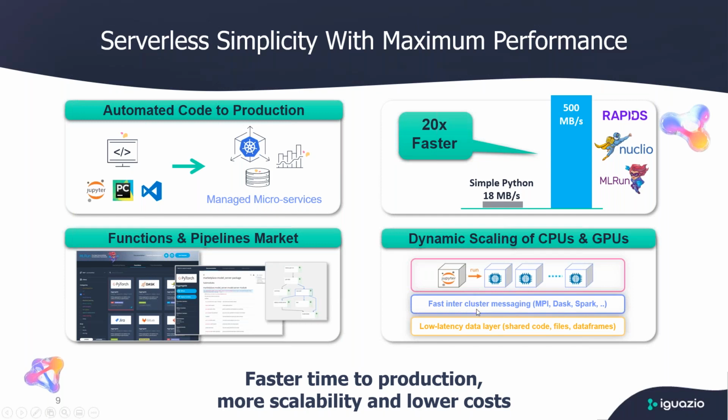So those serverless functions are horizontally scaling. They can run this against a much larger set of data and computation resources by distributing the workload in an efficient way. And you can also create those functions and store them in a marketplace, your own marketplace or a public marketplace, and reuse them in the pipelines.